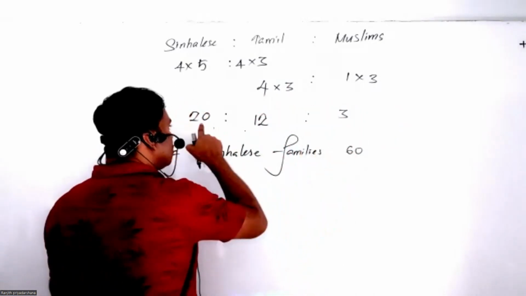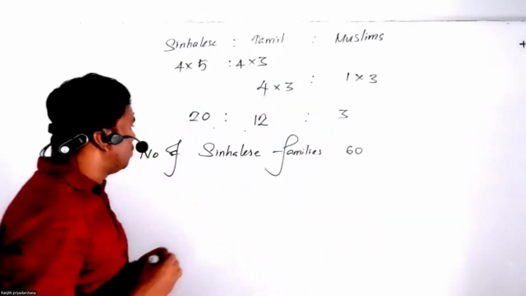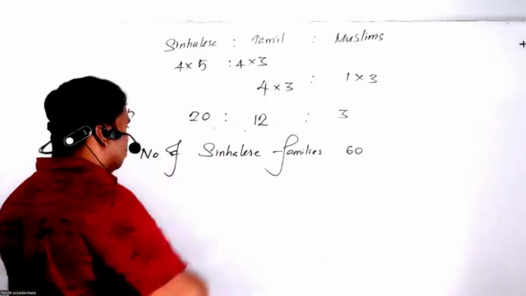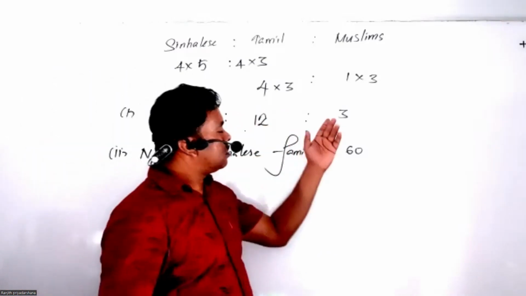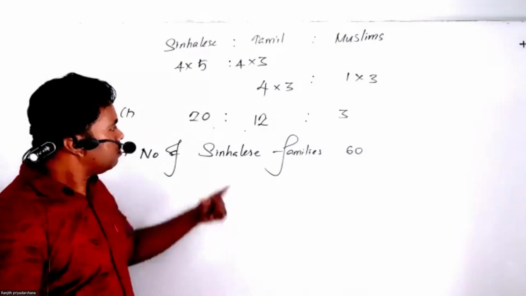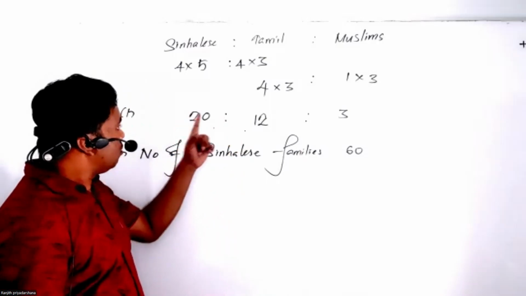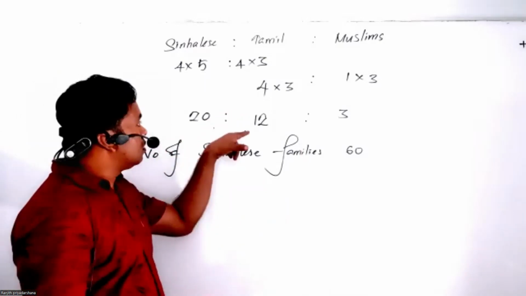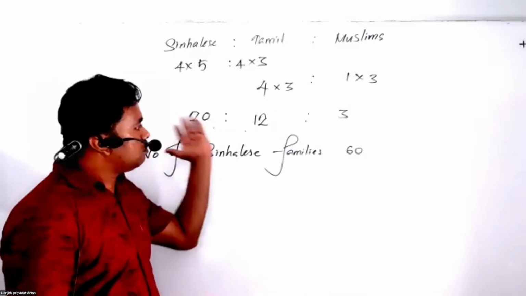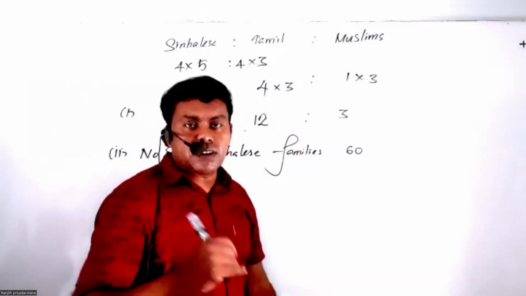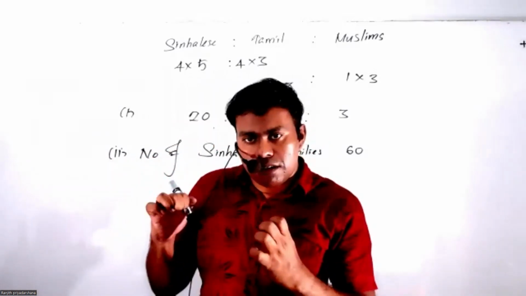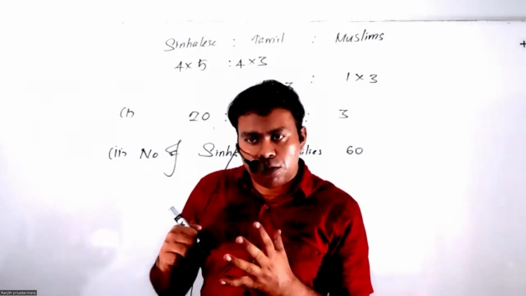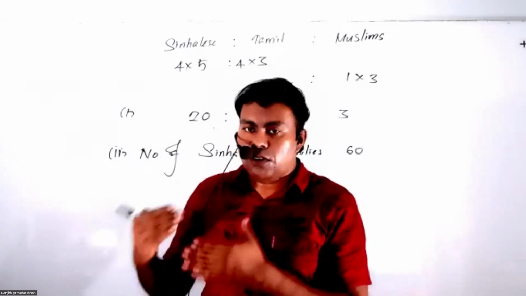What's the total? 20 plus 12 is 32, plus 3 is 35. Out of 35, 20 is Sinhalese, out of 35, Tamil is 12, out of 35, Muslims 3. Likewise, you can make a ratio with the total.